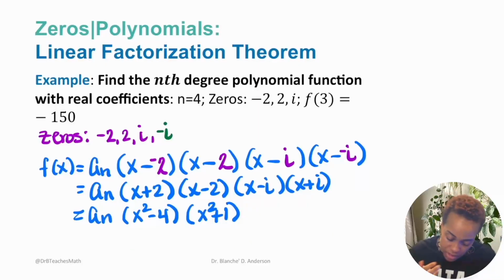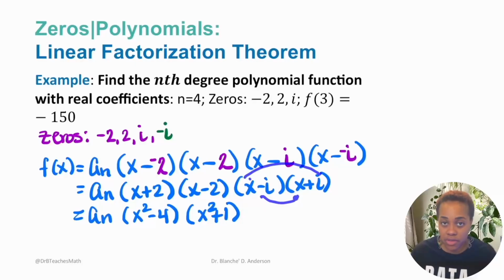The other is x squared plus 1 because, let me show you, x times i is ix, and a negative i times x is negative ix.